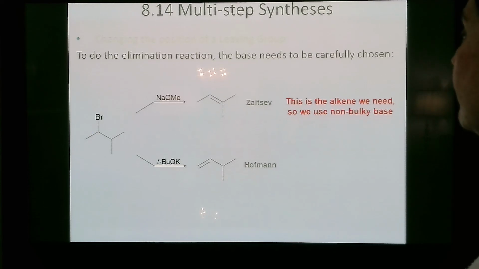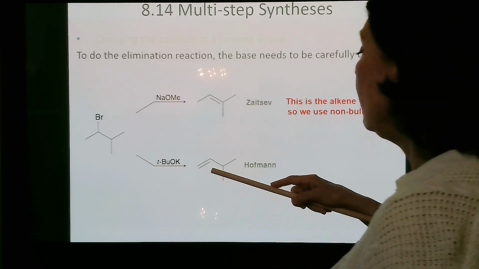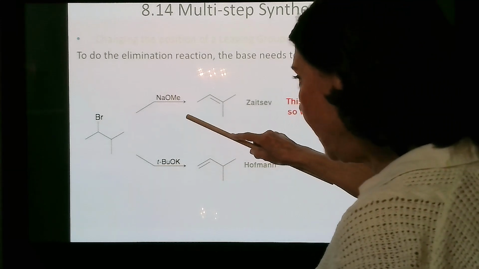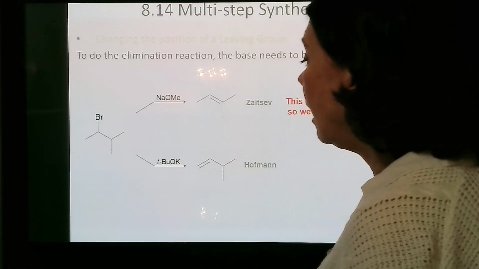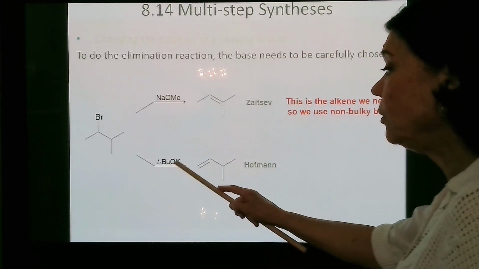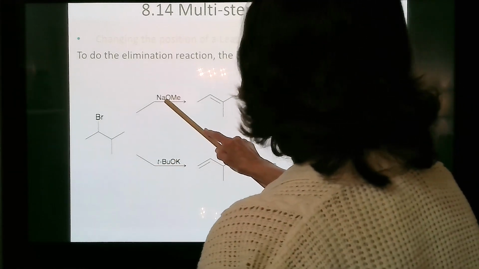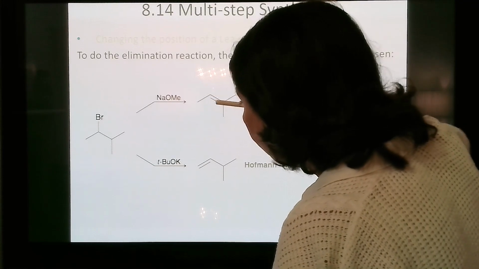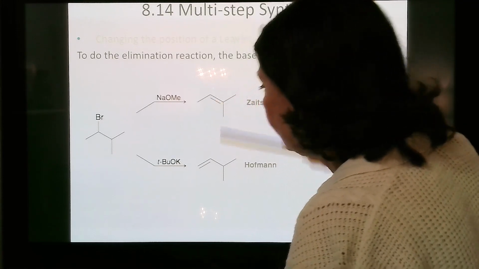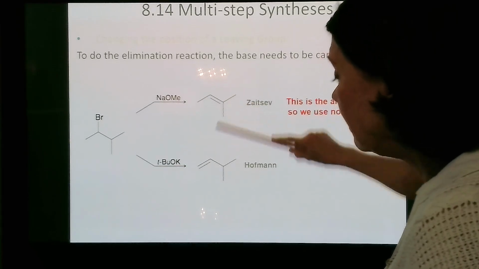To do the elimination, you need to use the base sodium methoxide, not the T-butoxide, because you want something that's non-bulky so you can get this more highly substituted alkene, because you're going to have to put the bromine in here.